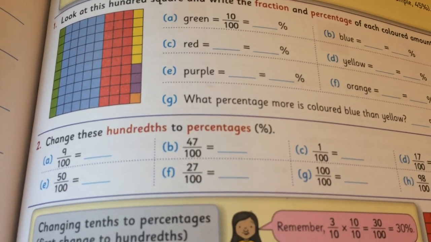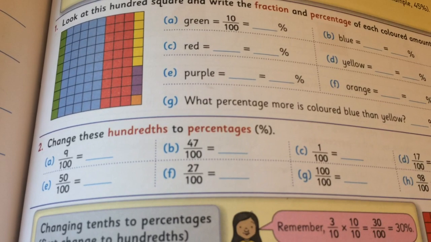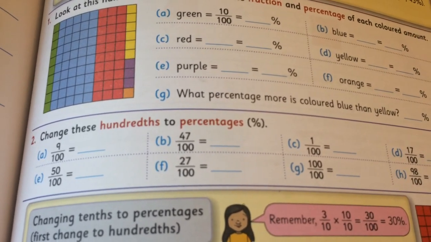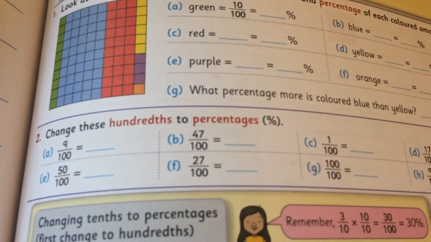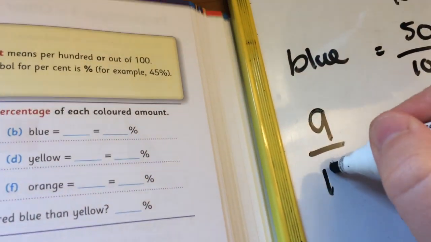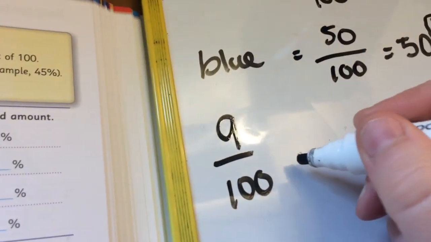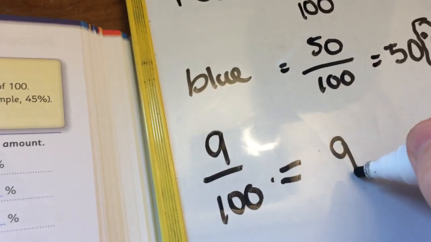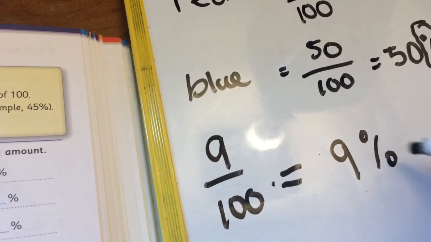So here we are, we're going to talk about question 2. Here it says, change these hundredths to percentages. Again, if you look at question A, it's 9 out of 100. So it's just practice again of what you've learned. So 9 out of 100 is 9%.